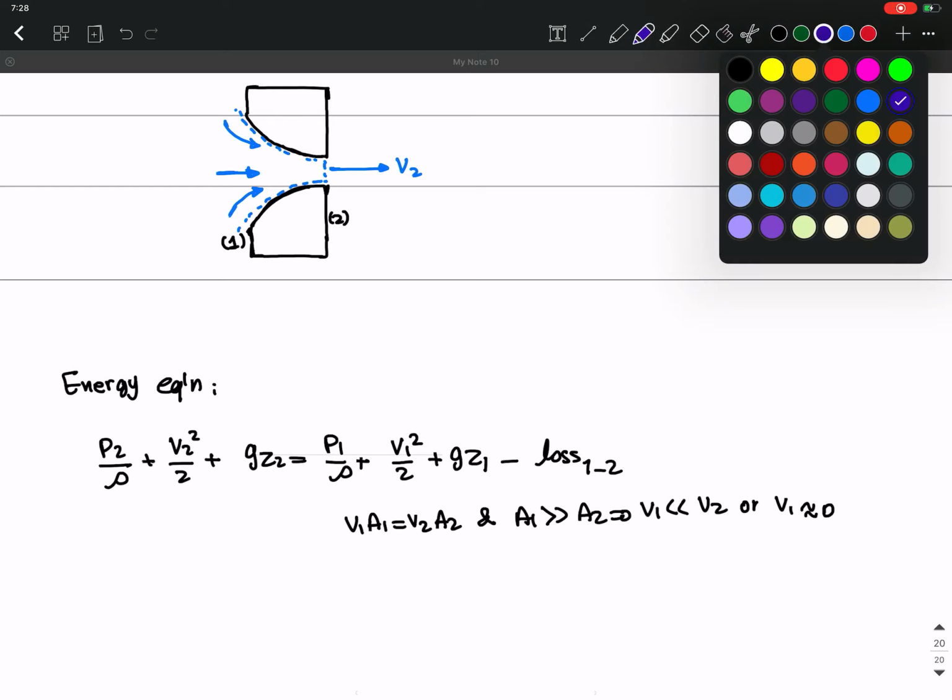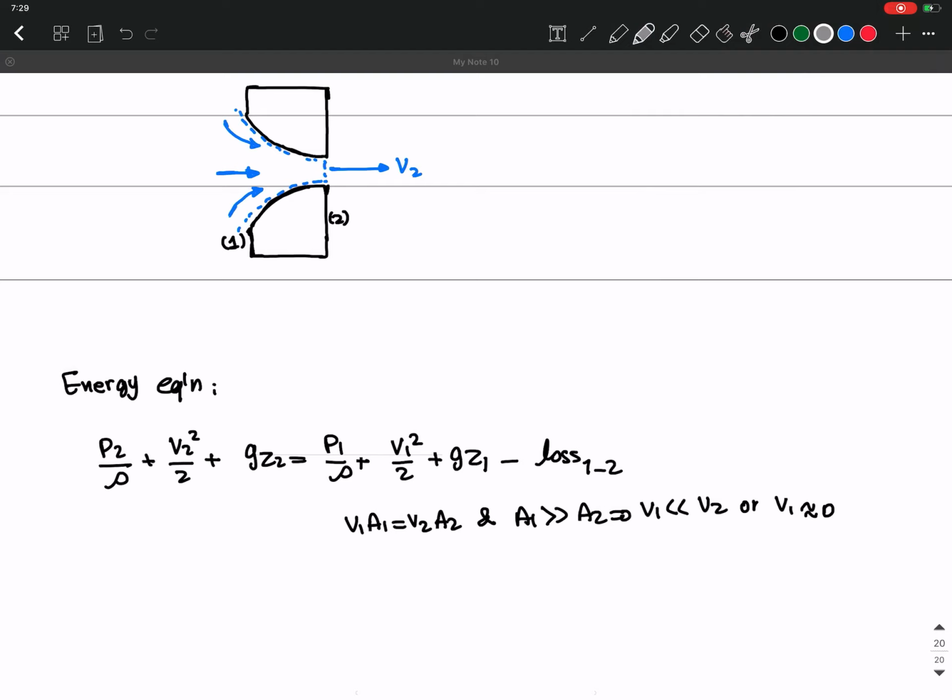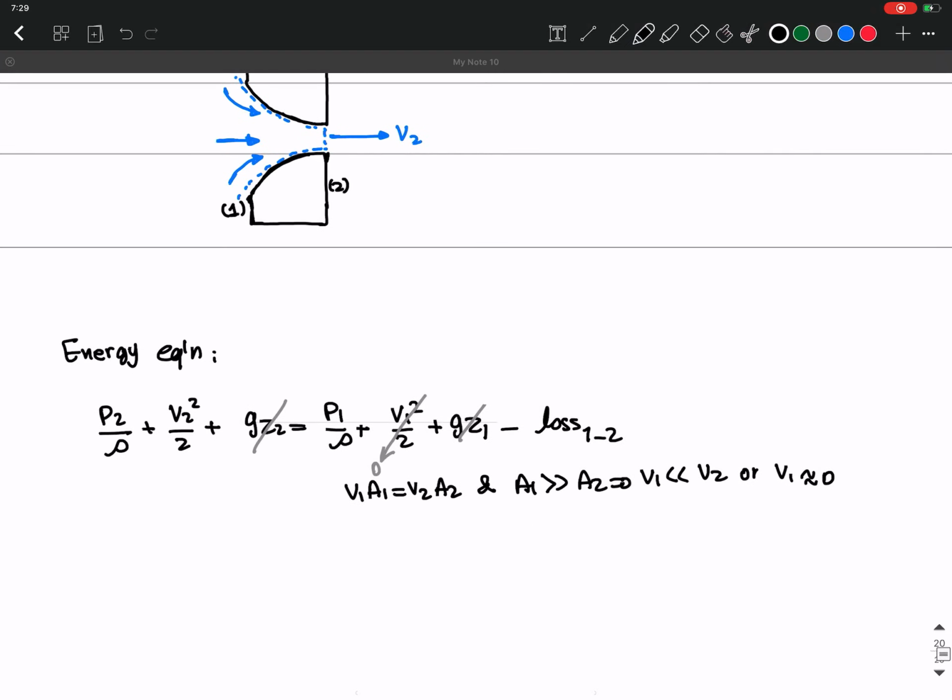And the other thing I can assume is that Z1 and Z2 are almost at the same elevation, so they are going to cancel out. And P1 and P2 are almost equal, or like at atmospheric pressure.